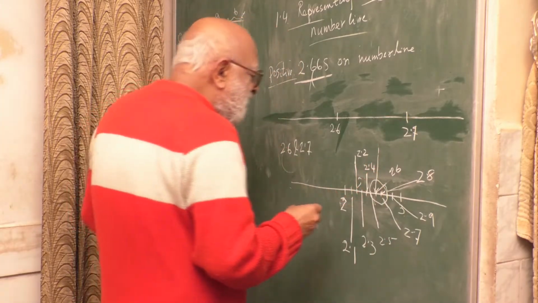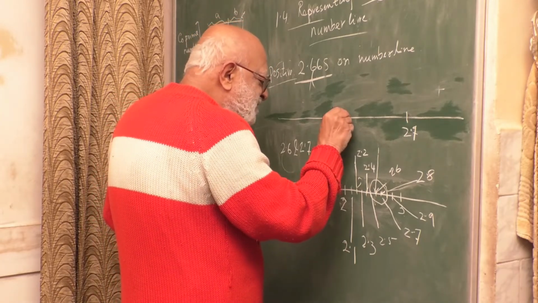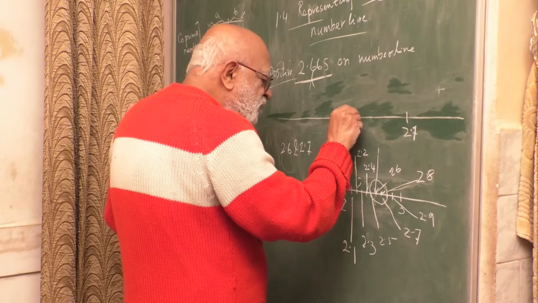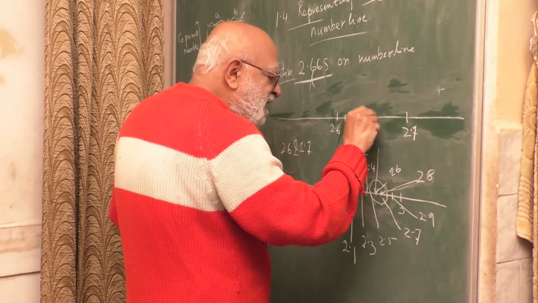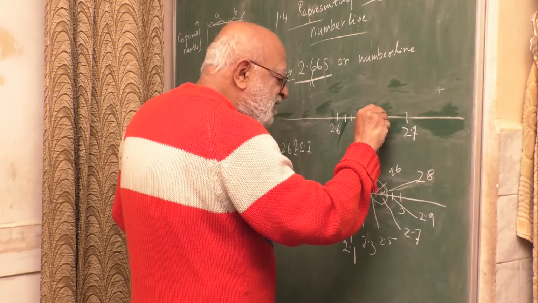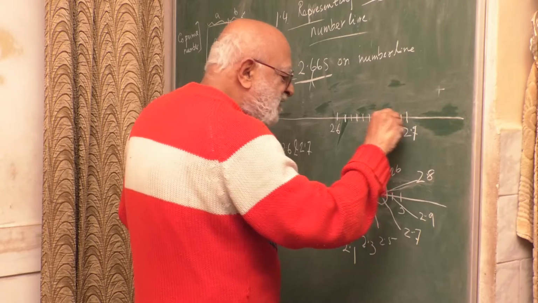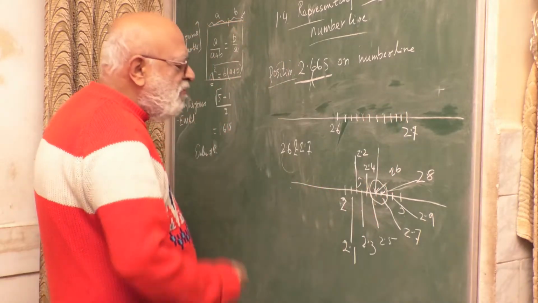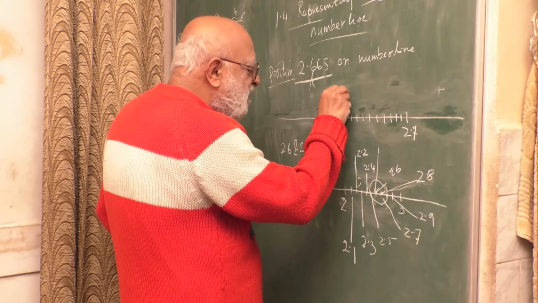And again you further subdivide it into 10 equal parts. So let us say 1, 2, 3, 4, 5, 6, 7, 8, 9, 10. So what does this now become?